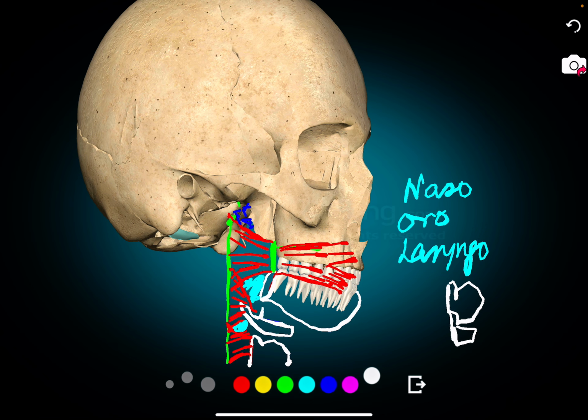So the laryngopharynx will go into the esophagus, and from the cricoid will go into the trachea. So finally the pharynx will become the trachea and esophagus.